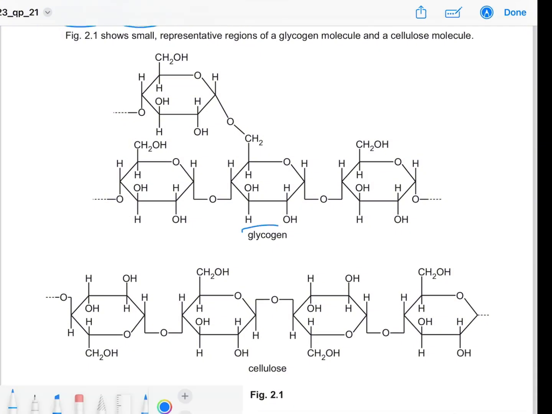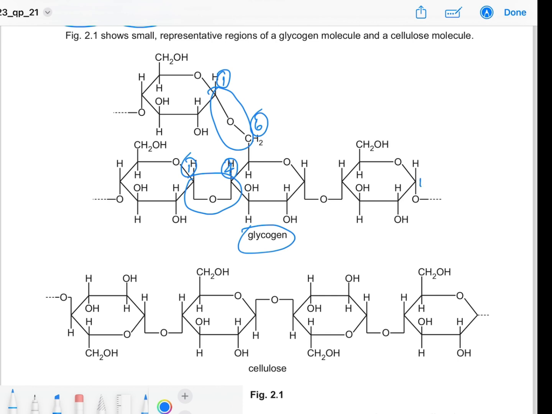Okay, so here you have a glycogen molecule where you can see 1,4 glycosidic bonds as well as 1,6 glycosidic bonds. What this means is you have a glycosidic bond between the first and fourth carbon atom, as well as a glycosidic bond between the first and sixth carbon atom between two glucose molecules.